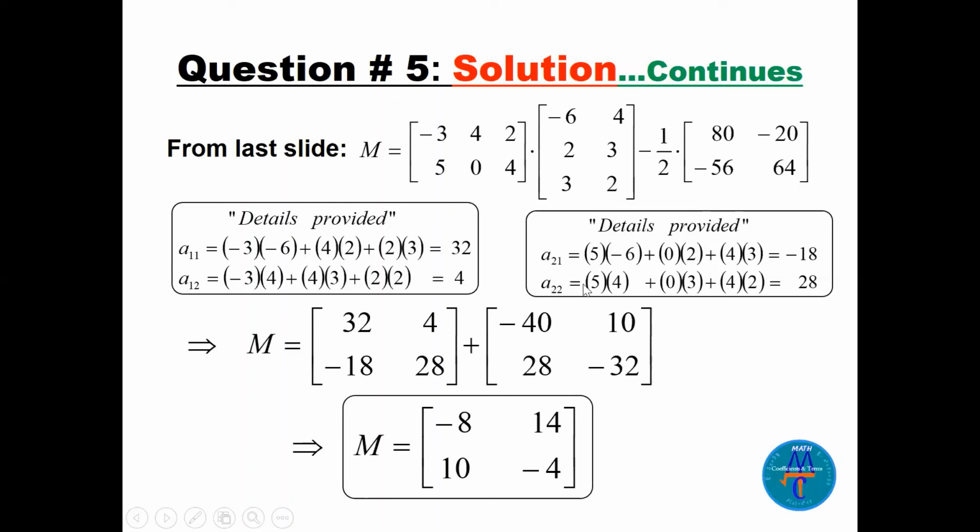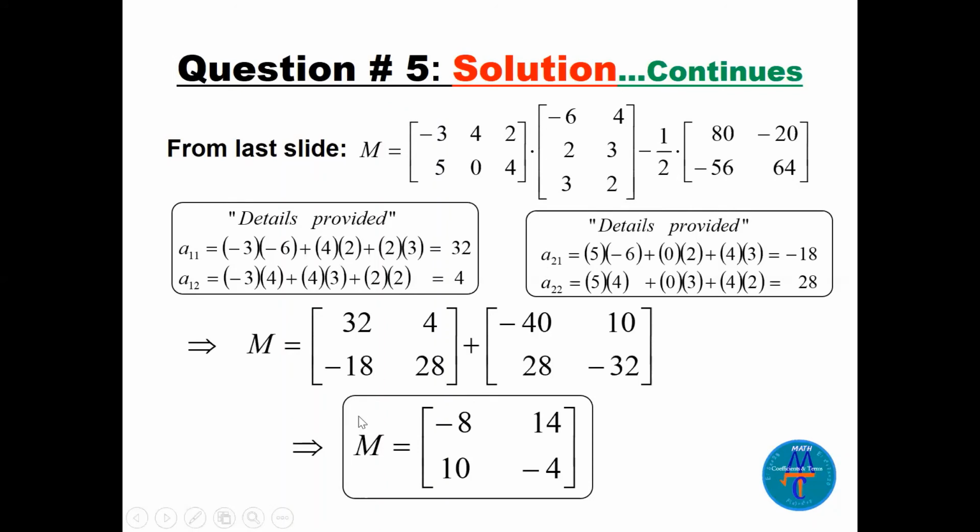These are the details. And then I included the minus half already, so I left with plus, easy to add. 80 times minus half is minus 40, minus 20 times minus half is 10, minus 56 times minus half is 28, 64 times minus half is minus 32.